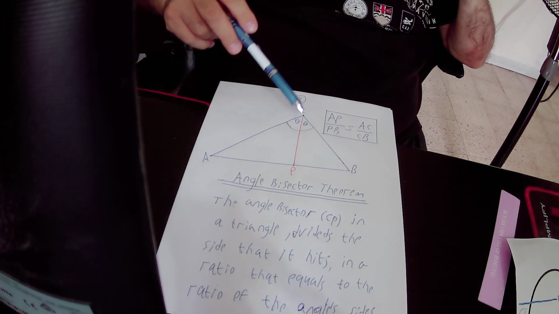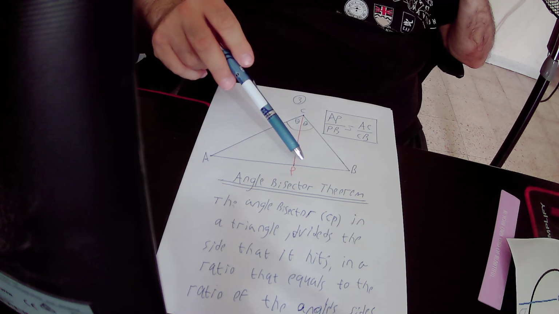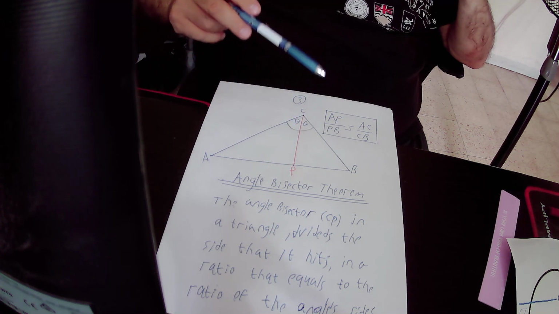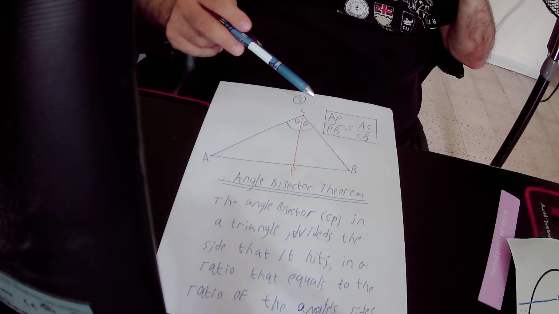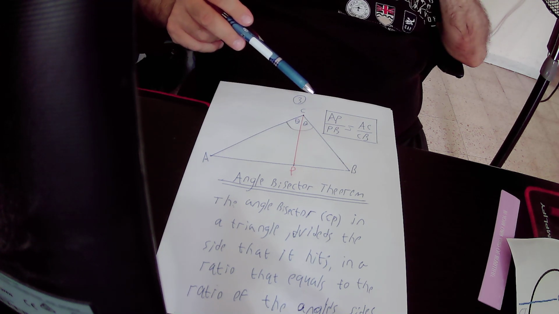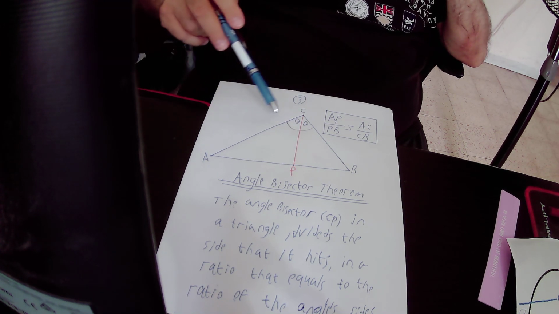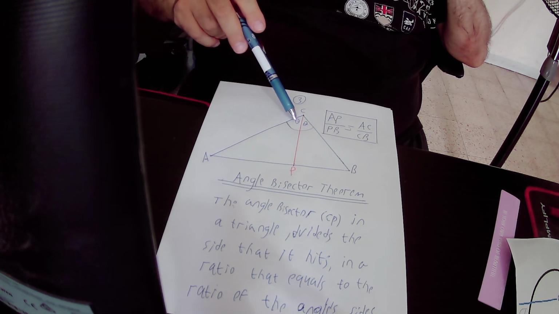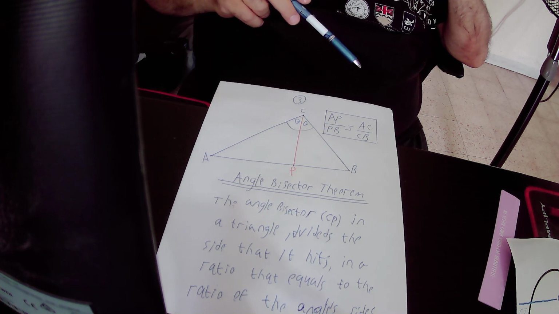In this triangle, the angle bisector is CP, the line in the red color, and it is an angle bisector because it divides angle ACB into two equal parts. This angle equals this angle.